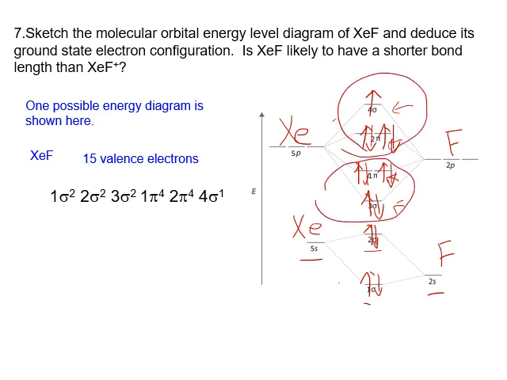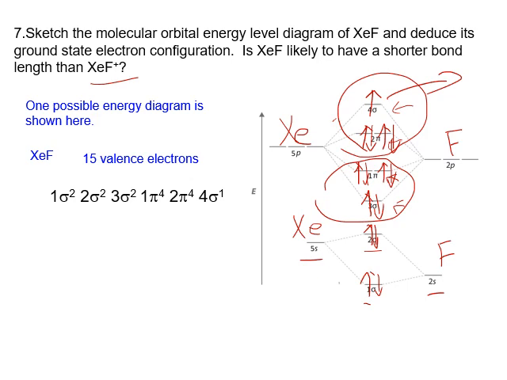Okay, and if we remove an electron from this 4 sigma molecular orbital, that will be the xenon fluoride cation. And because we remove an electron from an anti-bonding orbital, you expect the bond to become stronger. In fact, we can calculate the bond order for the neutral xenon fluoride molecule.